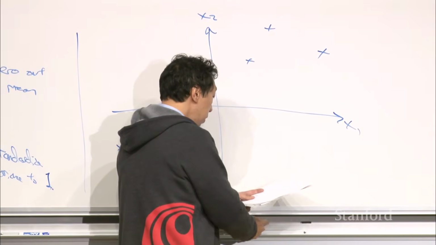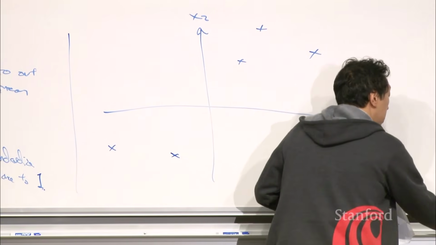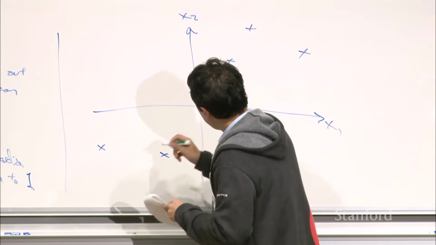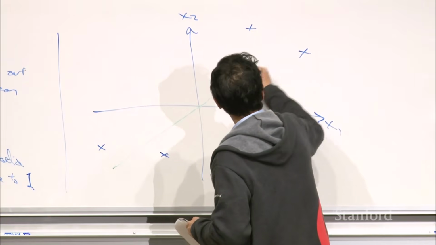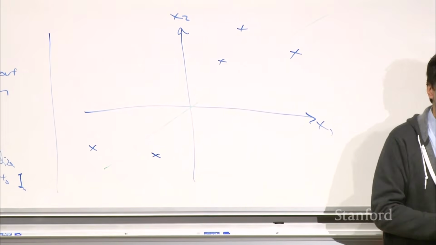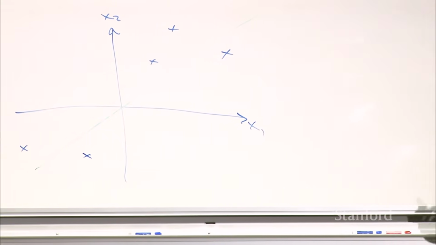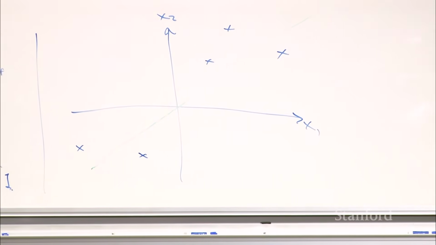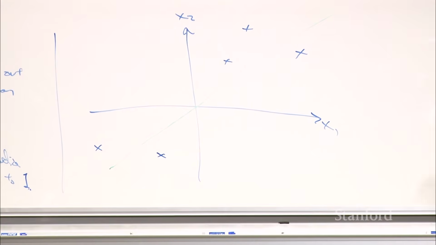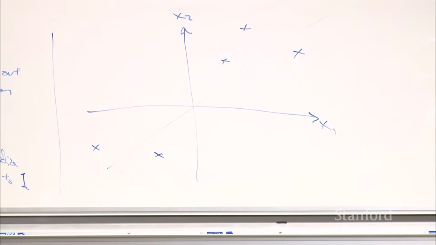Let's take a look at what it means to define the principal axis of variation of this data. It looks like that green line is a pretty good candidate for a one-dimensional subspace onto which to project this two-dimensional data. You want to reduce the data from 2D to 1D.